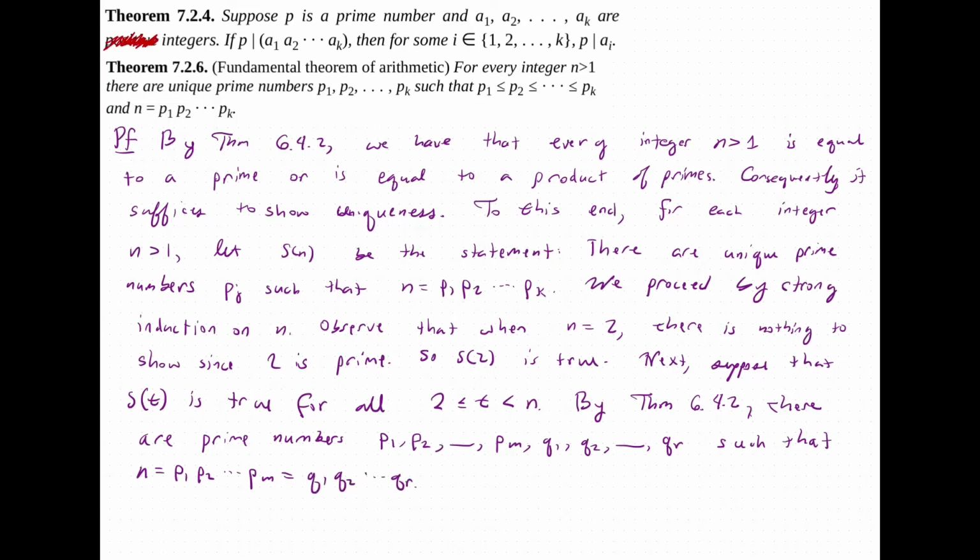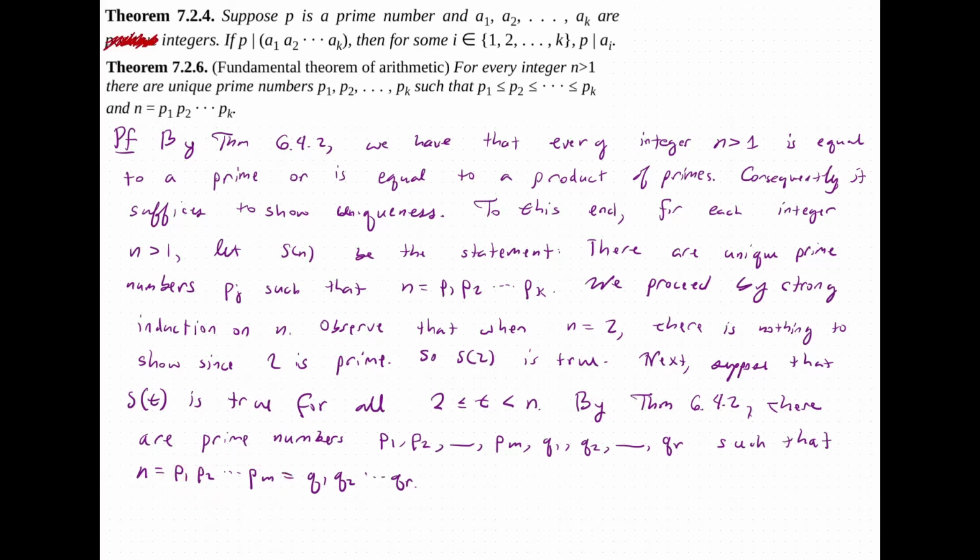And so here's what we're doing. Theorem 6.4.2 tells us that every number is prime or is equal to a product of primes. And so we are supposing that we have two such prime decompositions of n. So we are writing n as a product of primes in two different ways. And what we want to show is that this is unique, that the primes appearing are unique.